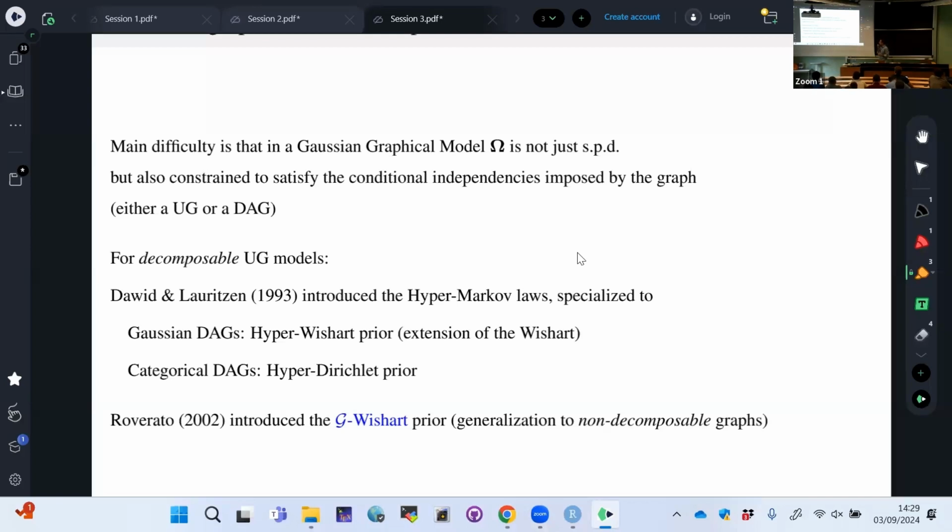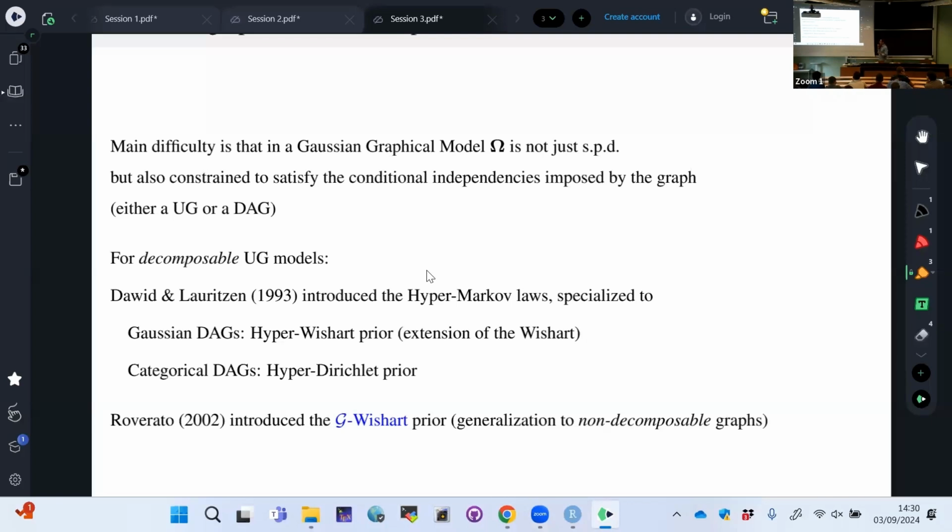There are some works focusing on decomposable UG models, in particular this paper by Dawid and Lauritzen, 1993, who introduced a class of priors called hyper-Markov laws, which are a general class of priors for the parameter of a graphical model which is Markov with respect to an undirected but decomposable graph.